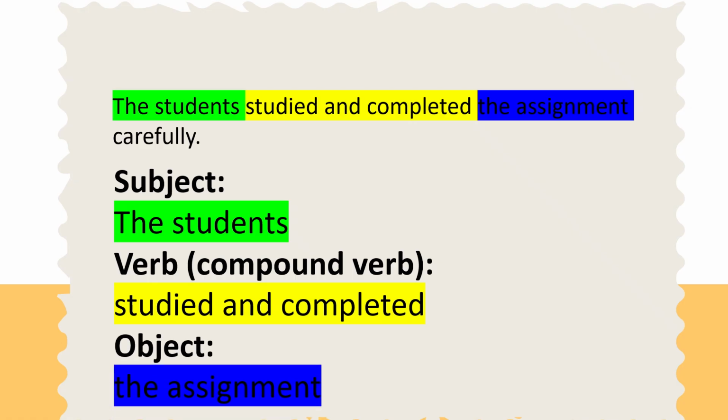The object is the assignment. The object receives the action. The action is the verb. The action is studied and completed. Subject does the action.